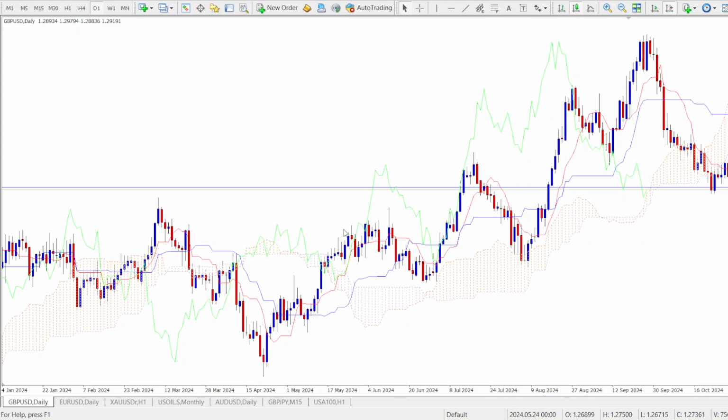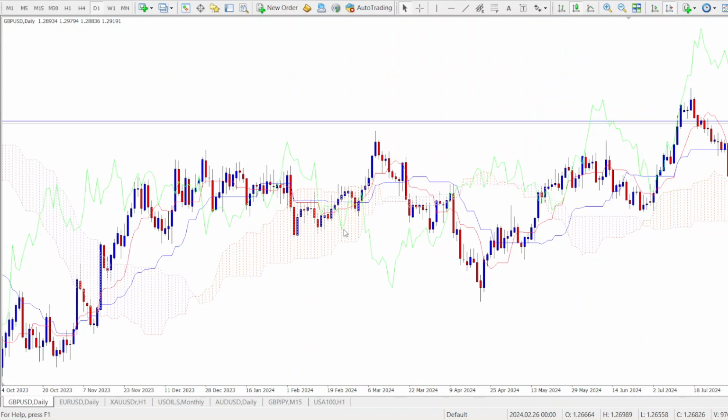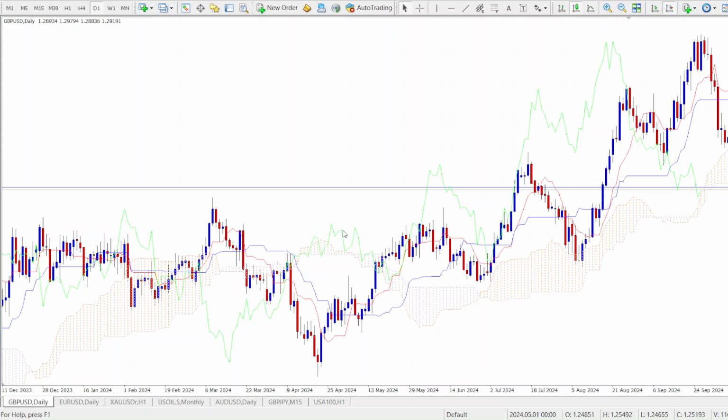Exit signals, entry signals, and it's really effective. But it does not guarantee profit. Please take note of that. I encourage you to practice on the demo account first. It takes time to get comfortable with how each part of the Ichimoku system interacts, especially in different market conditions. But with proper understanding, you'll have greater insight into high probability trades and improve timing for your entries and exits.